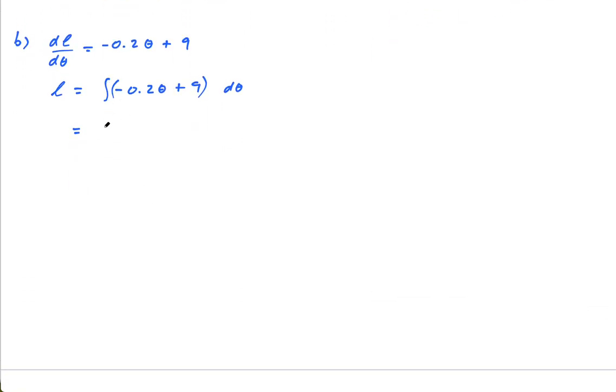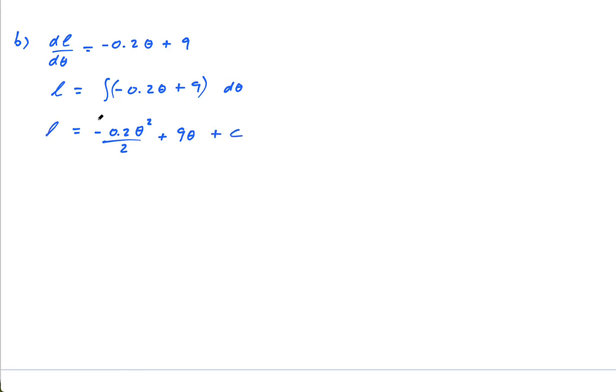If you remember how to integrate, guys, it's minus 0.2 theta, and I'm integrating with respect to theta, so if you're used to dealing with x, it works the same way. It's theta squared, raised to the power 1, divided by the new power. Plus 9, when you integrate a constant, you get 9 theta. So it's this plus this, and then don't forget plus c.